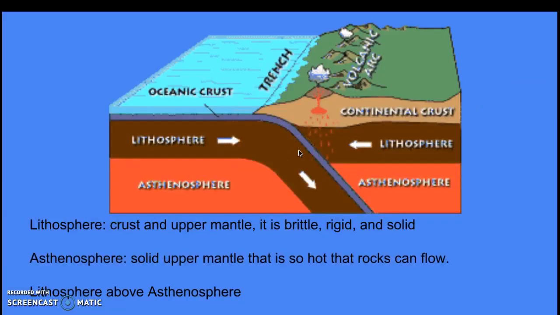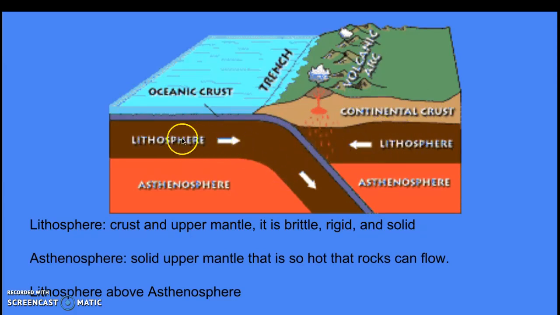Before we go on, I just want to bring to your attention that in the last video, we talked about how the lithosphere, the seismic plates, move. As you can see, the crust is right here. Below that, the crust and the upper mantle make up the lithosphere.